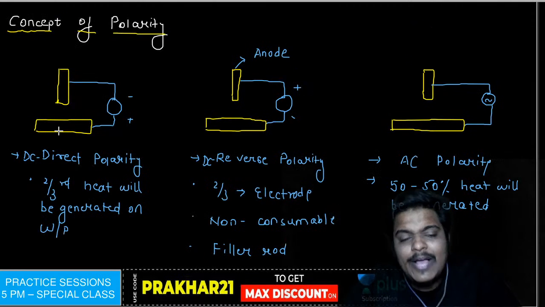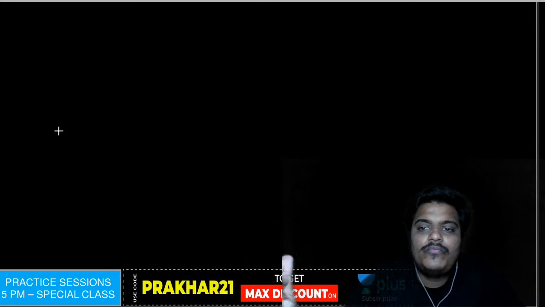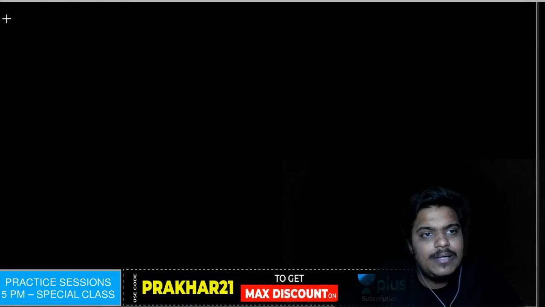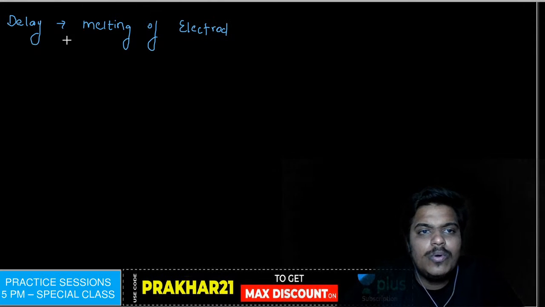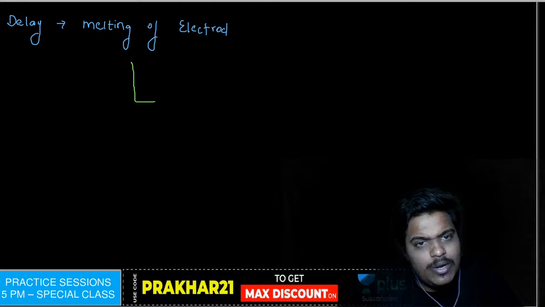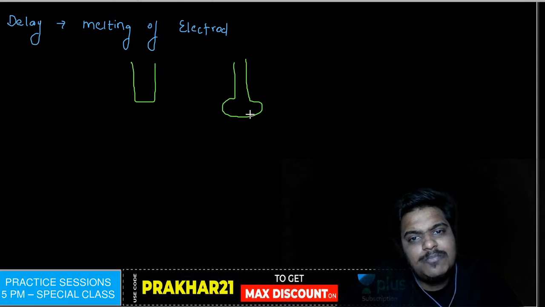Now, एक और चीज होती है. See, now we don't want electrode to melt. So how to delay melting of electrode? ये भी आपको पता होना चाहिए. So what we do, this was your cathode, so instead of this I make the cathode of this shape, so that the bottom area is more.